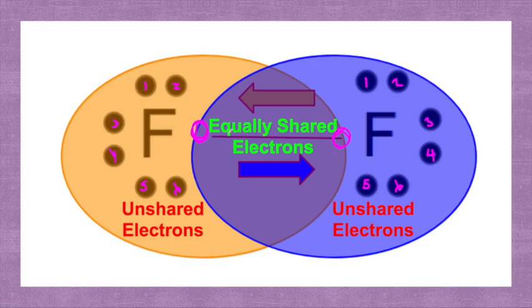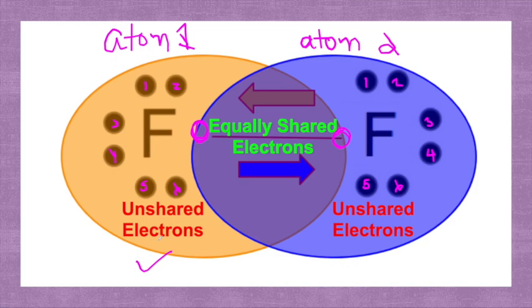Let's call this atom 1 and atom 2. In atom 2, if it shares this electron with atom 1, atom 1 will get the full octet and it's satisfied.